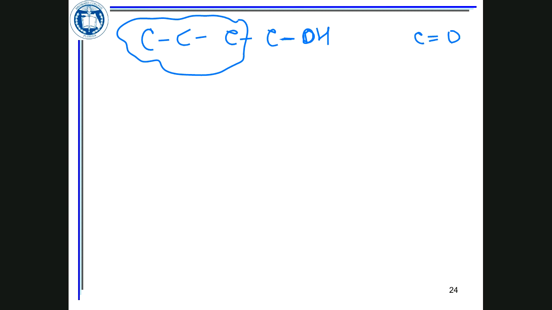What else is attached to this carbon? It's hydrogen and hydrogen. So this must have been formaldehyde. So from the alcohol, the carbon that carries the OH now used to be the C=O double bond.